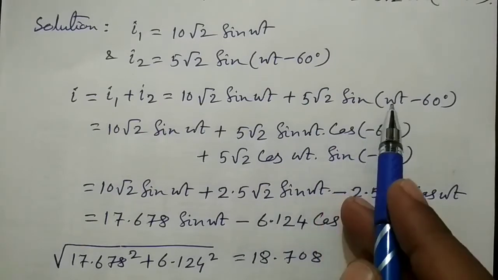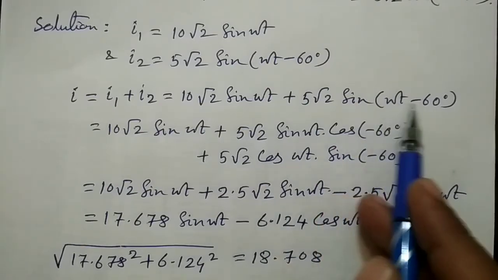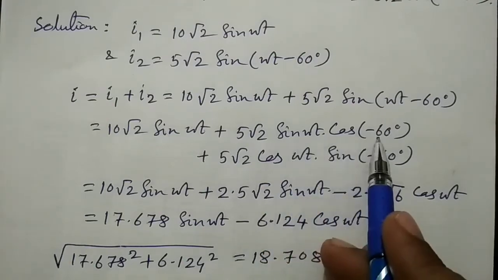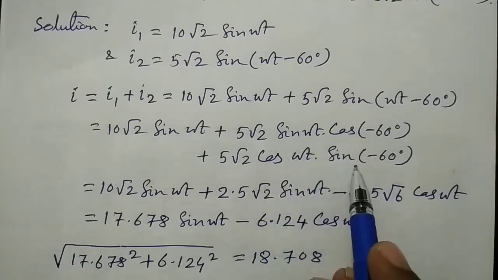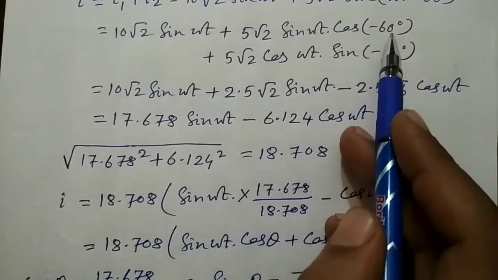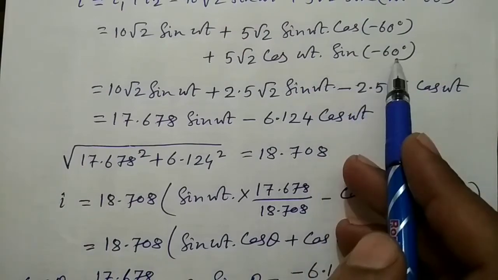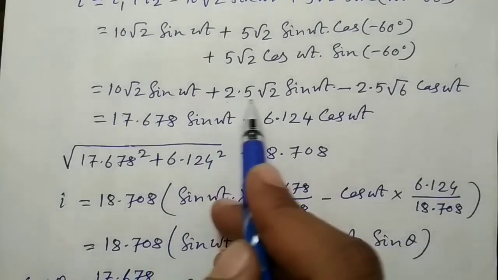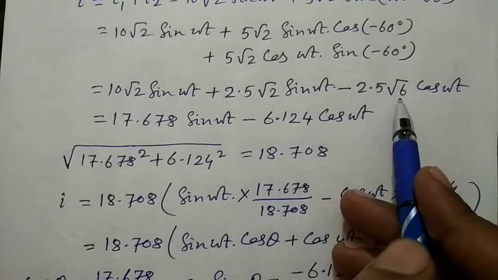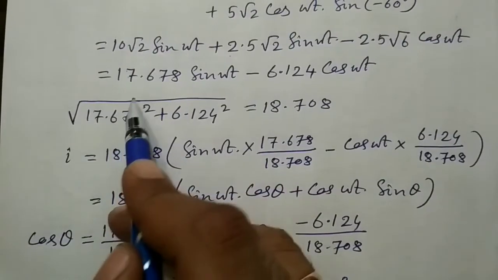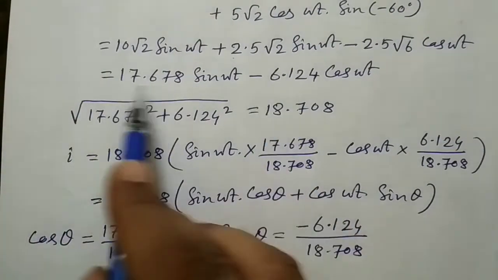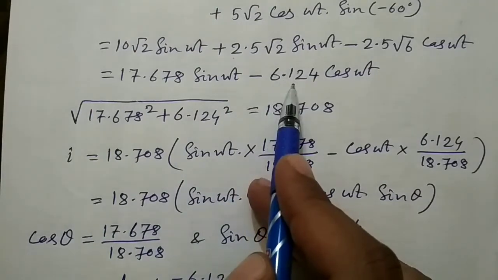Here it will be sin A minus B, so that will be sin A into cos B plus cos A into sin B. In the next step, I put the values of cos minus 60 degrees and sin minus 60 degrees. So this value will be 2.5 root 2 and here it will be minus 2.5 root 6. In the next step, we simplify the values and convert them to decimals. So these will be the values.